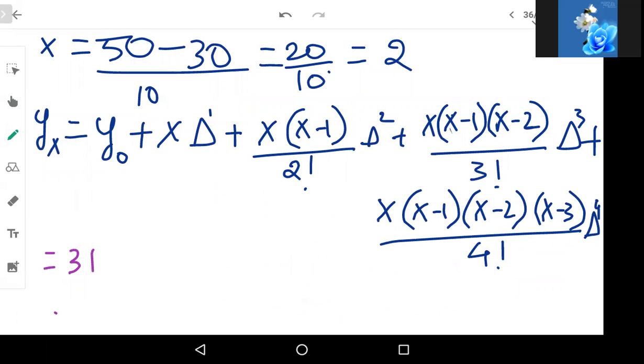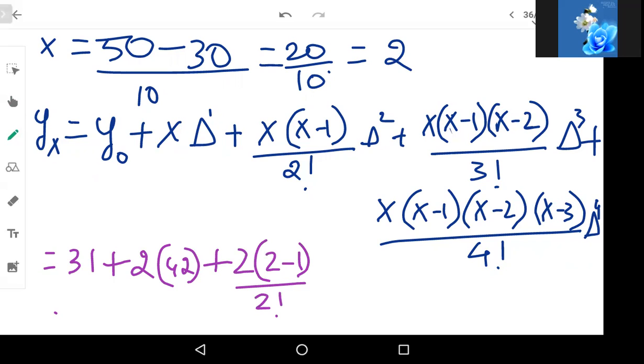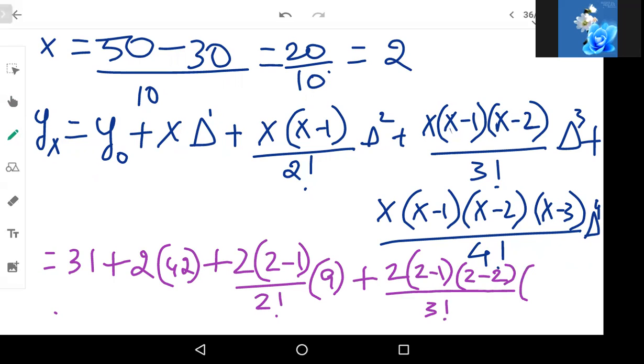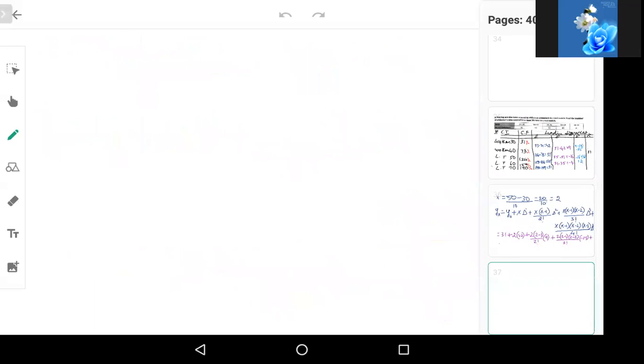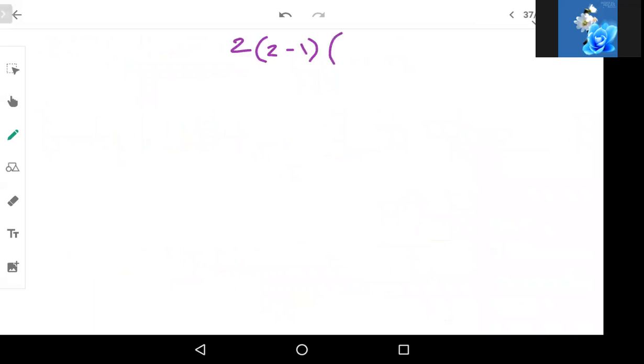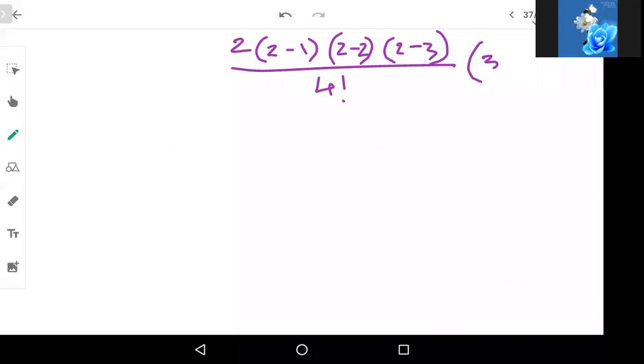Now y0 is 31 plus x, which is 2, into the first leading difference 42, plus 2 into 2 minus 1 divided by 2 factorial into the second leading difference 9, plus 2 into 2 minus 1 into 2 minus 2 divided by 3 factorial into the third leading difference, minus 25, plus, I'll write it on the next page, 2 into 2 minus 1 into 2 minus 2 into 2 minus 3 divided by 4 factorial into 37.